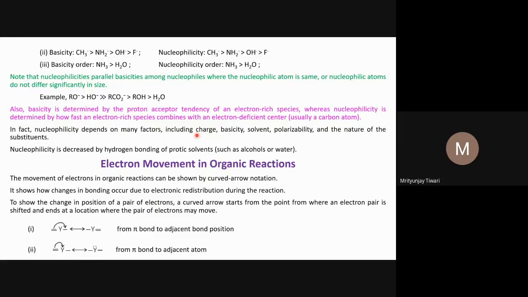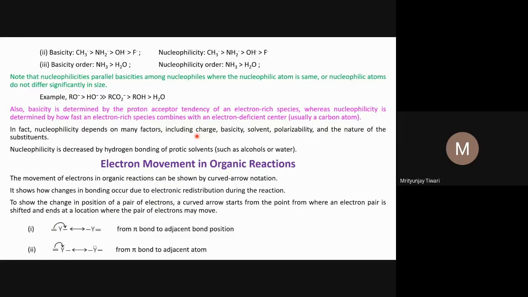And lone pair electrons are more easily available than pi electron density. So lone pairs are stronger nucleophiles than pi electrons. So we see a trend: the negative charge is more easily available and more nucleophilic than the lone pair, and lone pair electrons are more easily available and more nucleophilic than the pi electron center.